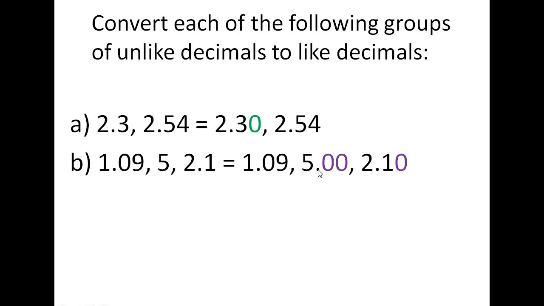So 5 whole number, put a decimal point and add 2 zeros. Adding the zeros doesn't change the value of the given number. Now we have got all 3 like decimals by adding zeros to the extreme right side of the decimal number.